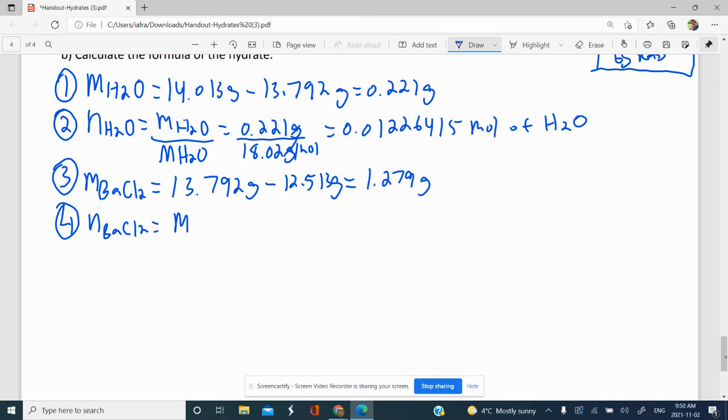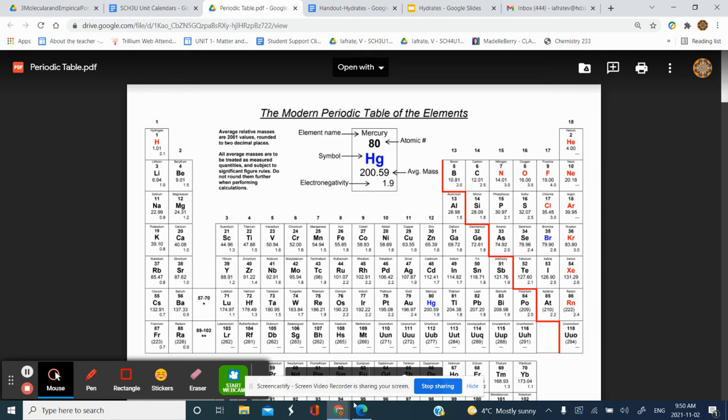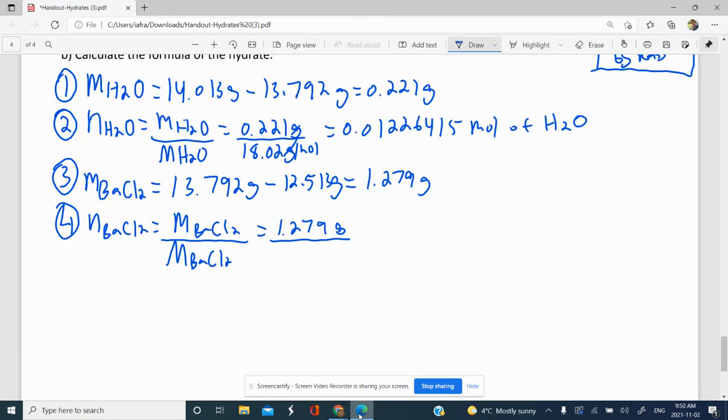So now we can find the moles of BaCl2, by doing the mass of BaCl2 in our sample over the molar mass of BaCl2. And so we'll have 1.279 grams divided by the molar mass of BaCl2. So Cl2, that's 35.45 times 2. And then barium, I know we saw it earlier in the lesson, but I already forgot it. So let's go back and double check what barium is. 137.33 plus 70.90.